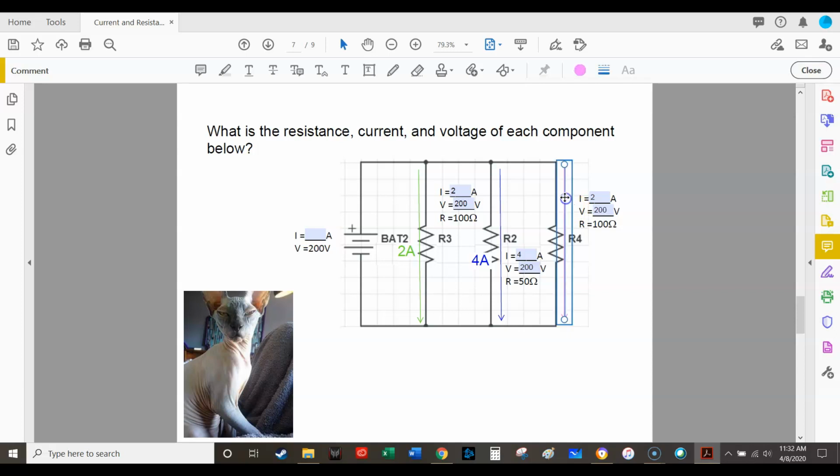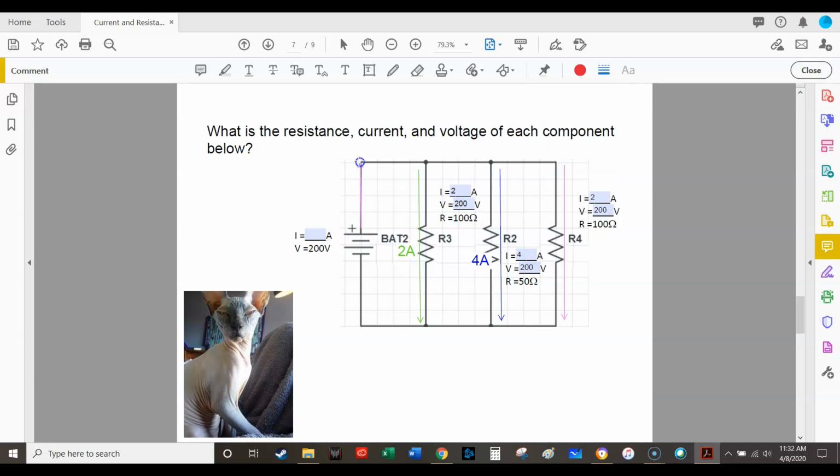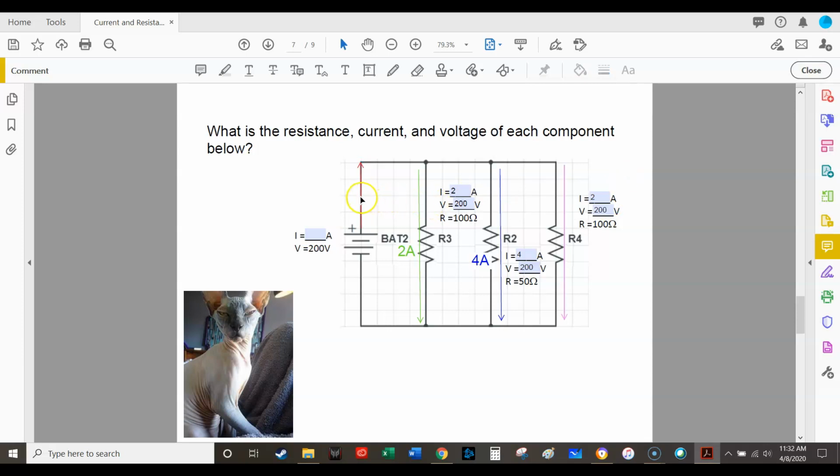All right. Well, what that means is that using the junction rule, I'm going to use red to define the junction, the current coming from the battery. That means the current coming from the battery is coming back into the battery.